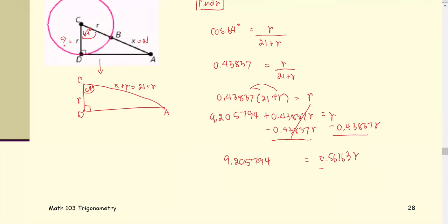Then divide both sides by 0.56163 to get r equals 16.39.